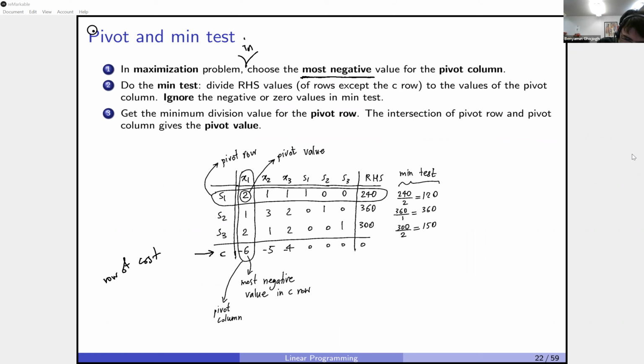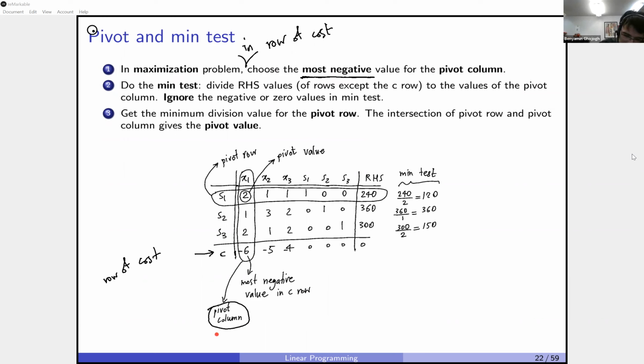So here is -6, and draw a circle around it. This is your pivot column. As you see, it's a procedure that I'm explaining to you, and you will see it's very easy, and you will see the reasoning behind this procedure too in a few slides.